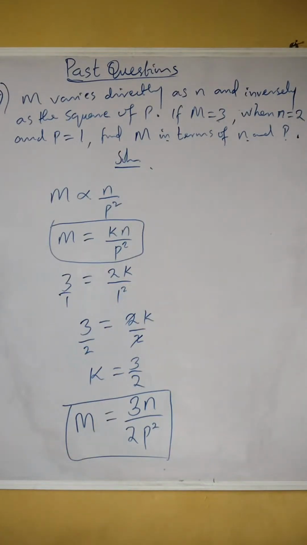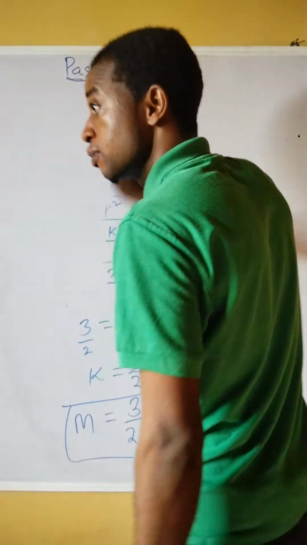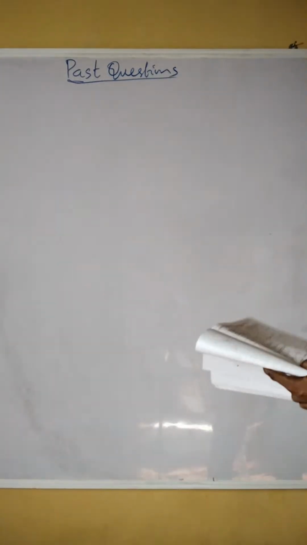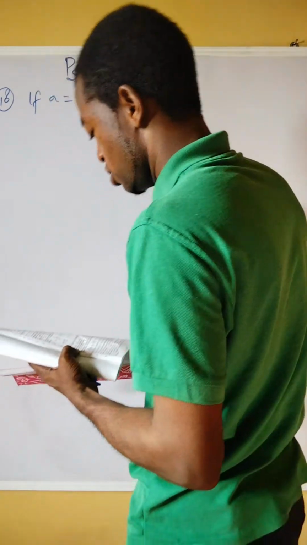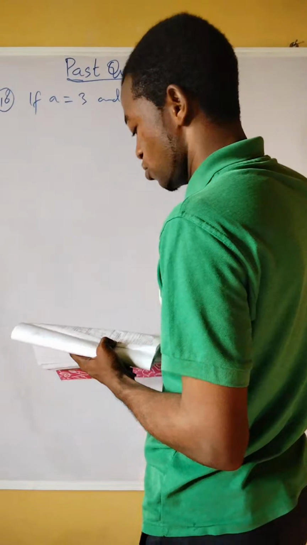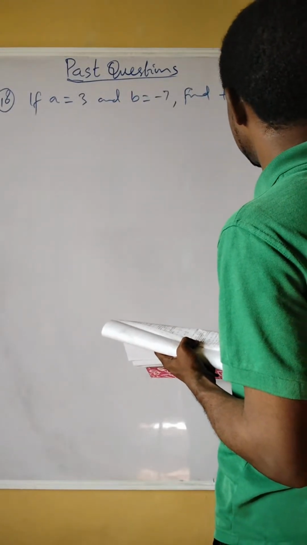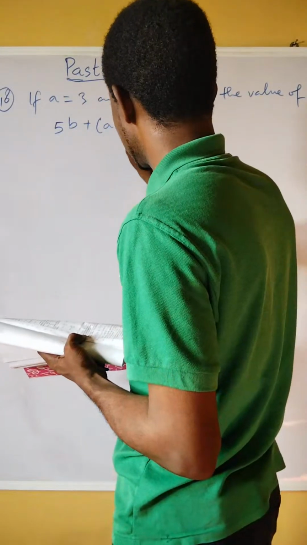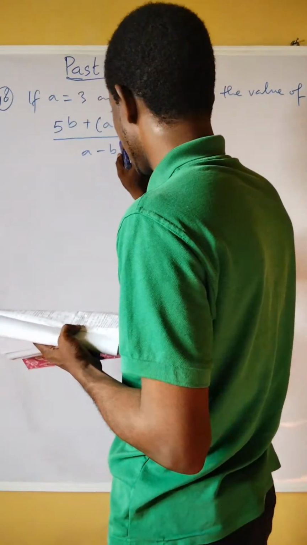So let's look at the next question here, which is number 10. Here we have: if a equals 3 and b equals minus 7, find the value of 5b plus, in brackets, a plus b all squared, then divided by a minus b all squared.